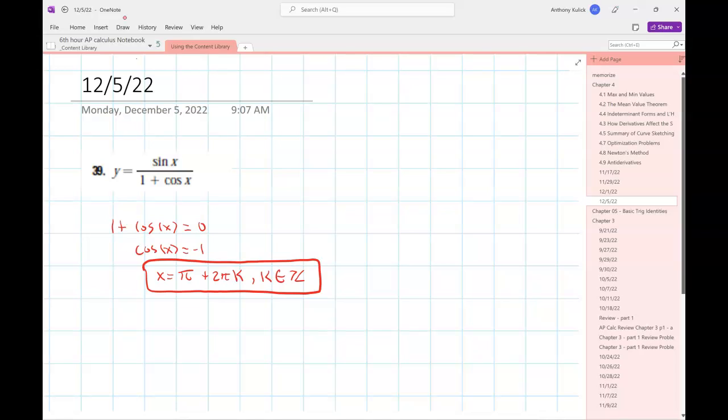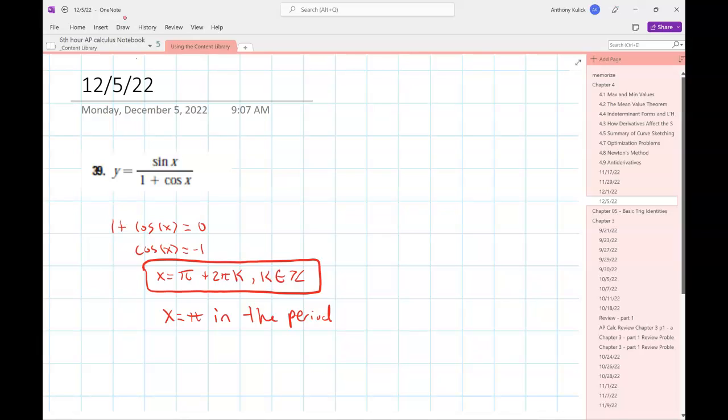And since this is a periodic function, whose period is 2 pi, if I'm graphing just one period of it, I have just one asymptote in the period that we're going to be graphing. It doesn't specify in the question that it's from 0 to 2 pi.